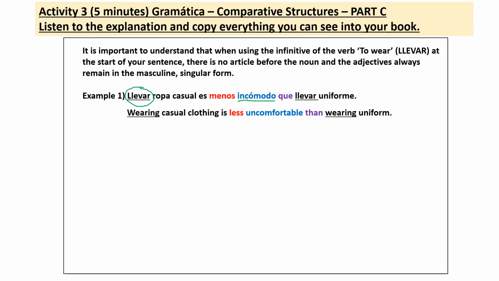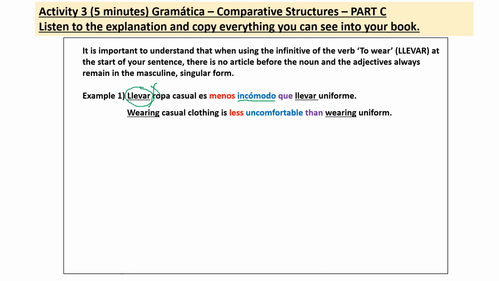It does not need to agree with ropa casual. It stays in its masculine singular form because I've used llevar at the start of my sentence. Also, there is no article here before ropa.